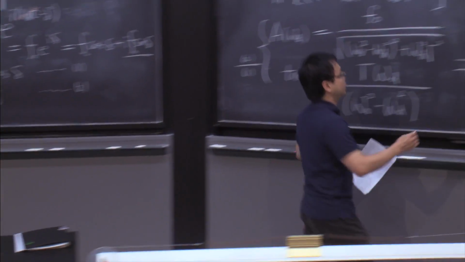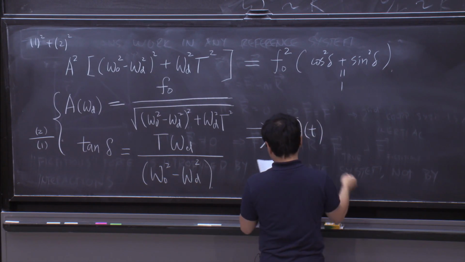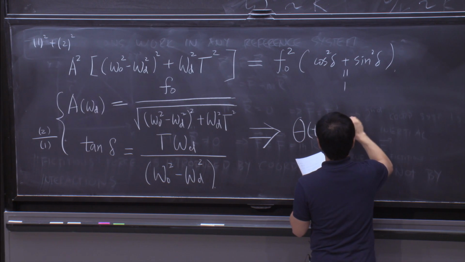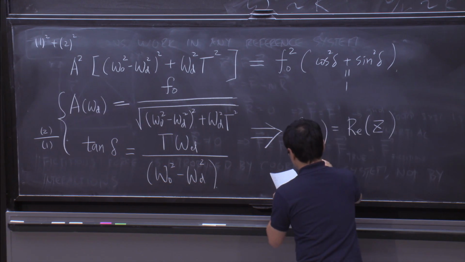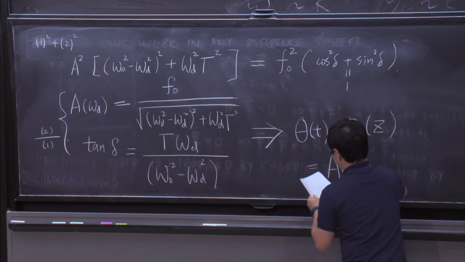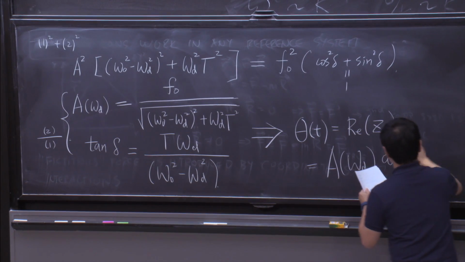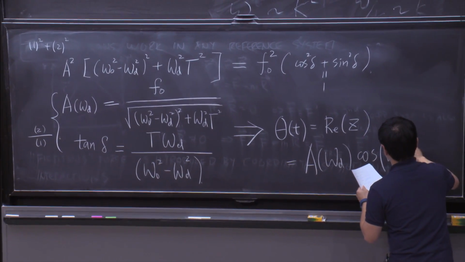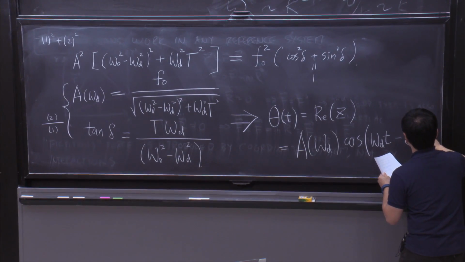So basically, if I take the real part, I will get theta of t, which is the real part of z. And that will give you A of omega d cosine (omega d t minus delta), which is also a function of omega d.